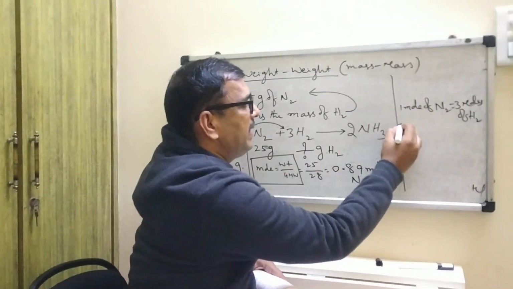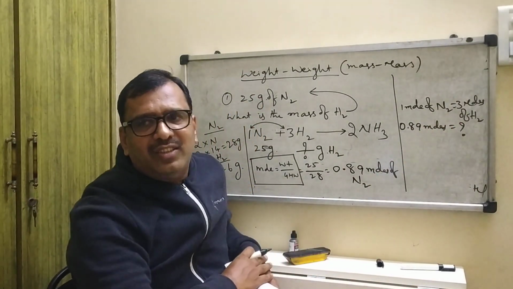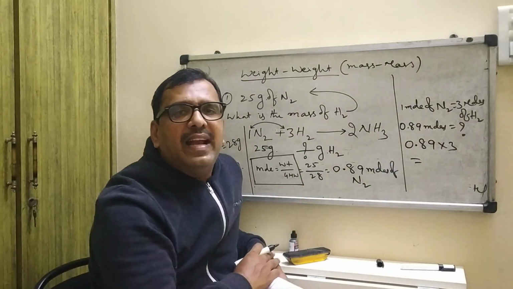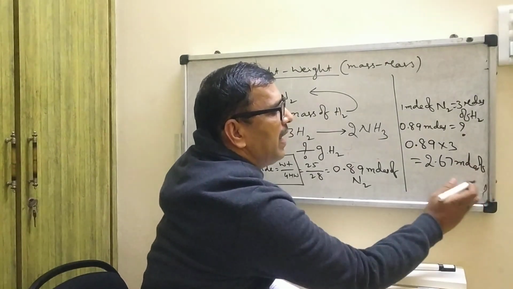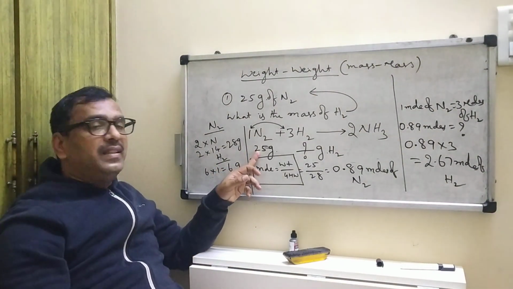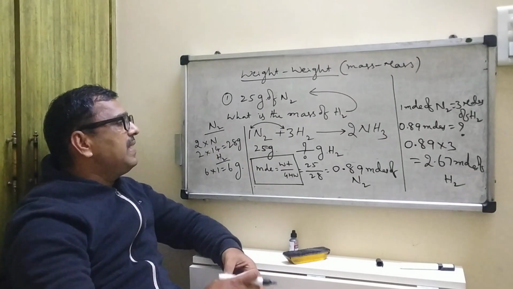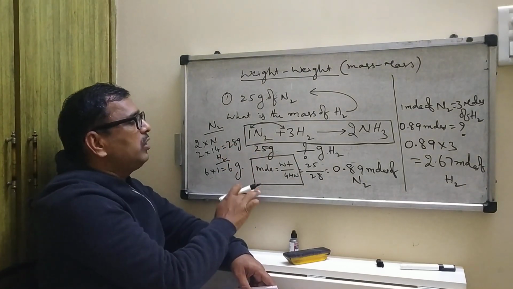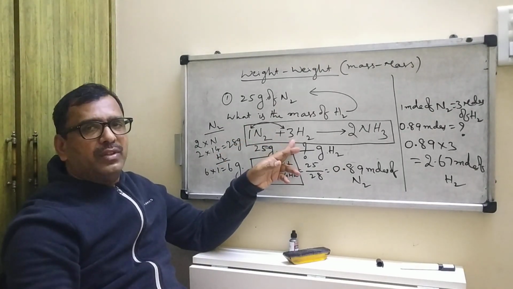So 0.89 moles of nitrogen corresponds to how many moles of hydrogen? 0.89 into 3, you will get 2.67 moles of hydrogen. I first converted the 25 grams into moles because in this equation only the mole relation is available: 1 mole gives 3 moles.